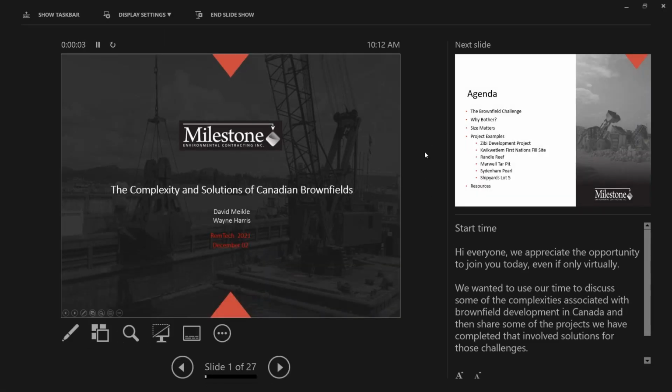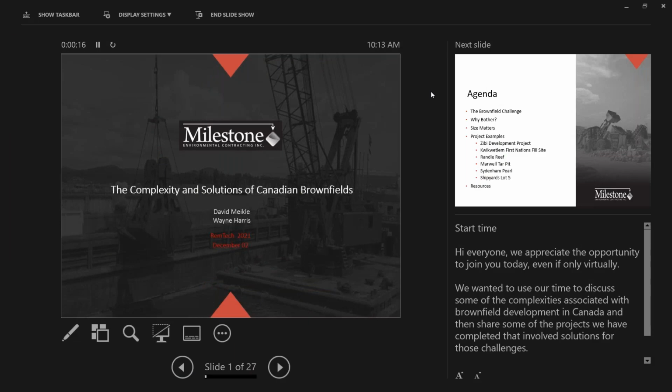So just on the top left of your screen there, just click the display settings and then swap the view. Top left, it says show taskbar, display settings, and slideshow. You click display settings.